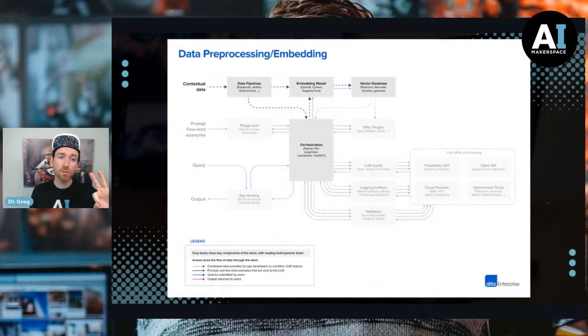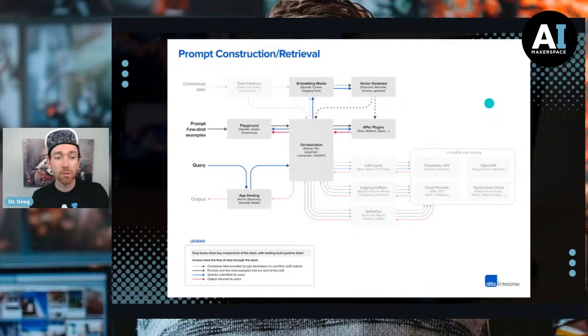One is data pre-processing and embeddings. You might have an orchestration tool like LangChain or Llama Index connected to embedding models and vector databases, also to your data. And we've also got this idea of playing with your prompts, really dialing it in. You might do this through a prompt playground approach.